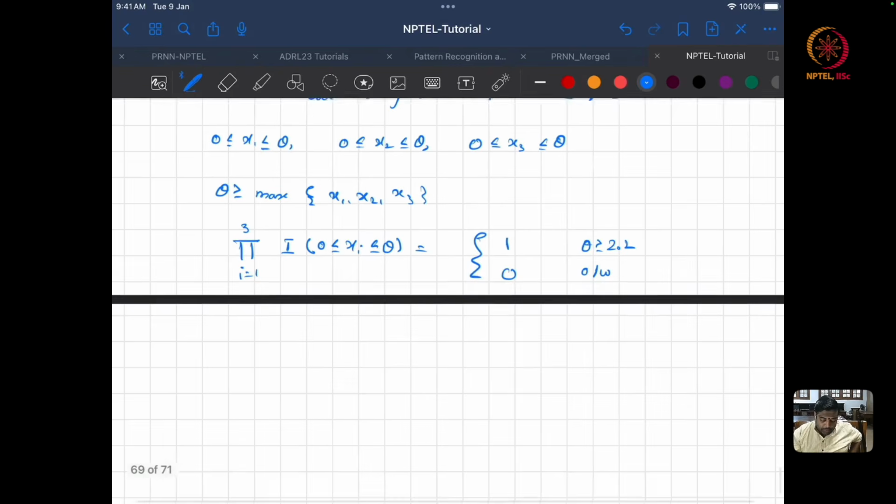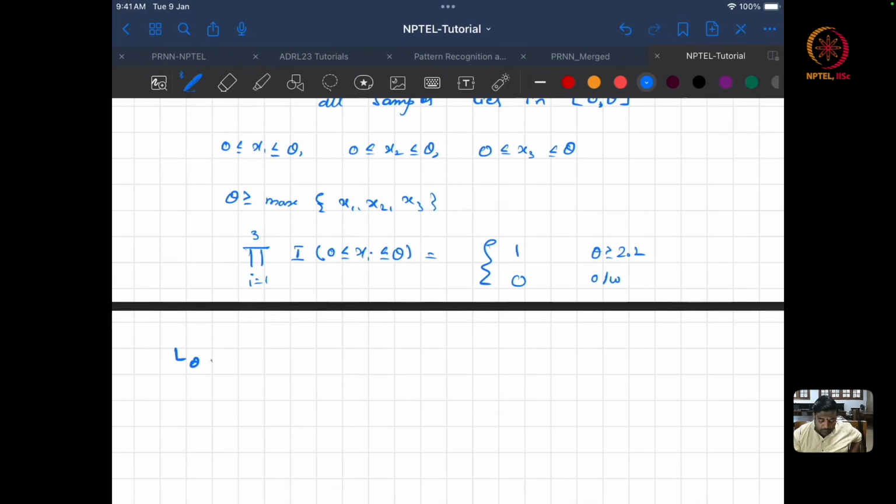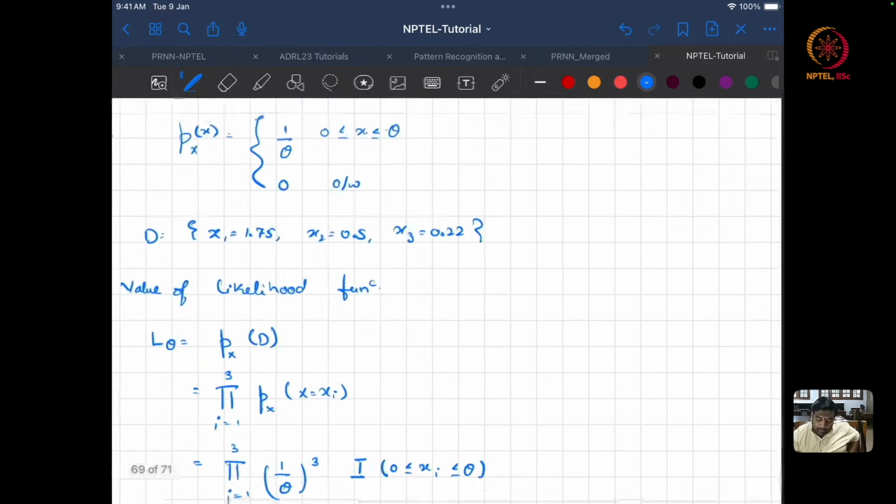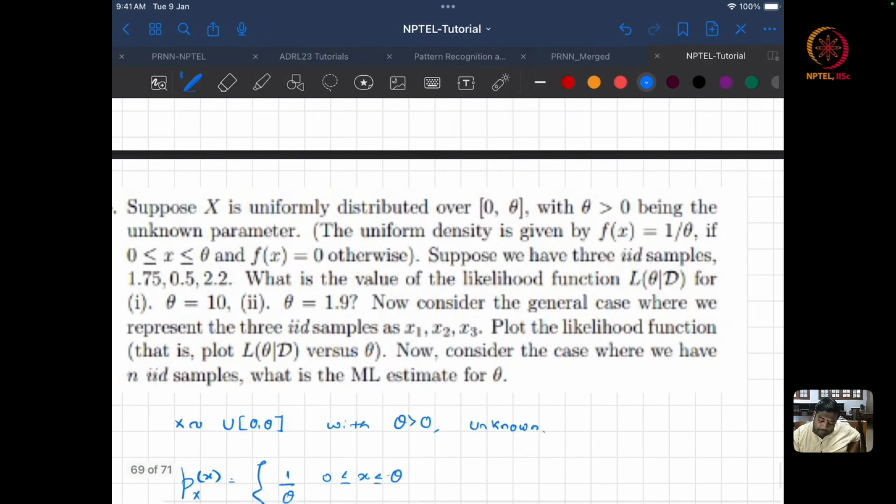That means the value of the likelihood function will be 1 over theta to the power of 3 if theta is greater than 2.2, and 0 otherwise. Okay, this is the value of the likelihood function.